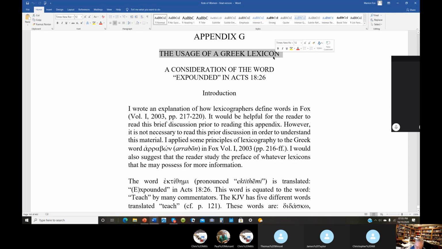Had you noticed that I pointed that out to you earlier? What I did is take the word that's translated expounded in Acts 18:26, and I've been arguing here that the lexicons don't have the right definition of that word. And again, you say, well, here's Marion. I know I'm not anything important. I understand that. But you need to understand my arguments at least to see what they are.